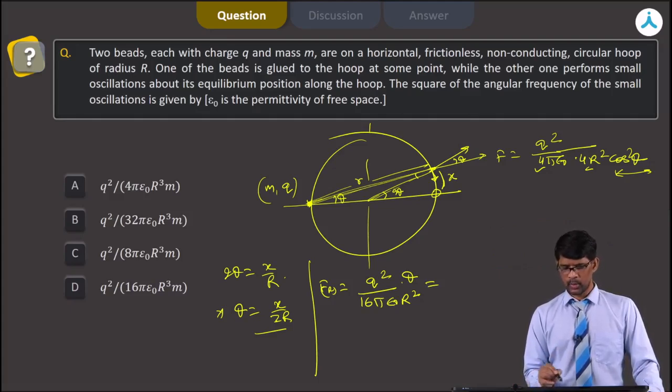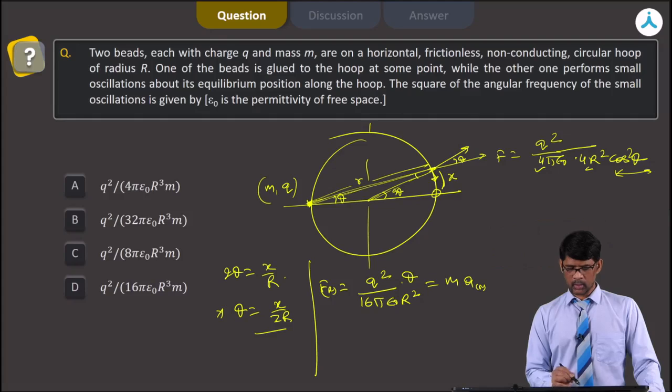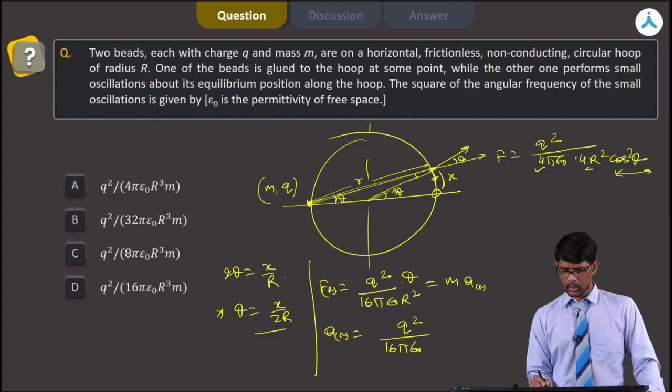This must be equal to force restoring, and it can be written as m into acceleration, that will be restoring acceleration, so there will be a minus or negative sign. Since I just wrote the value of theta to be equal to x divided by 2r, I can write the restoring acceleration to be equal to q square divided by 16 pi epsilon naught r square, with theta written as x divided by 2r, and this m will be here.